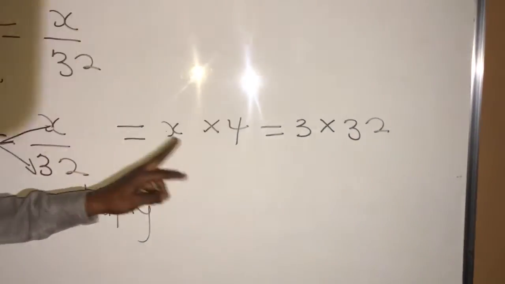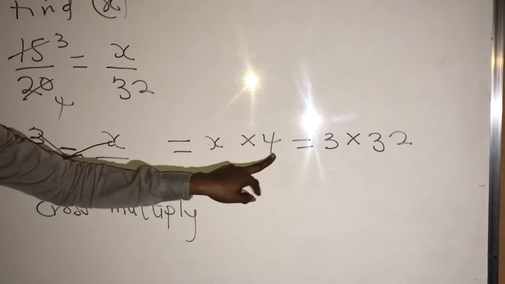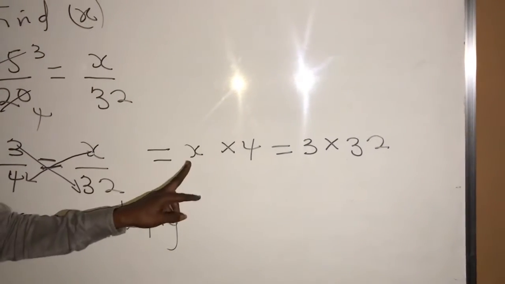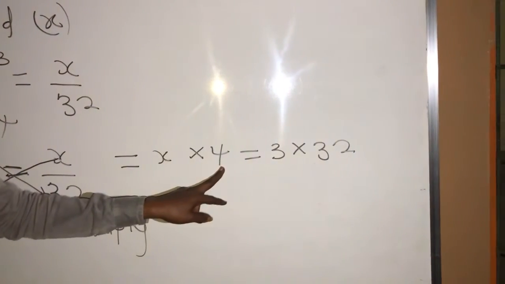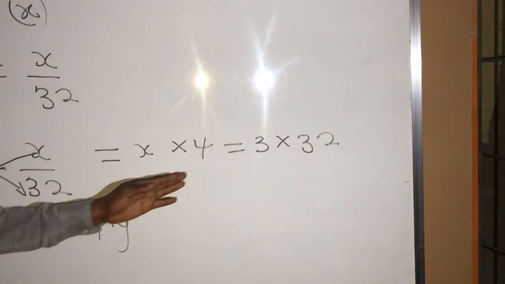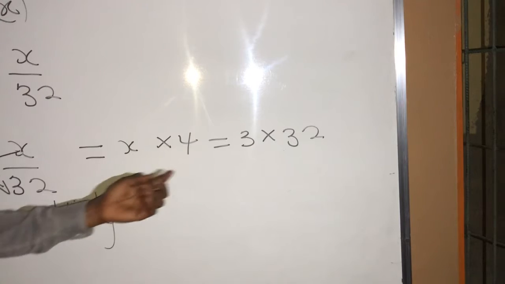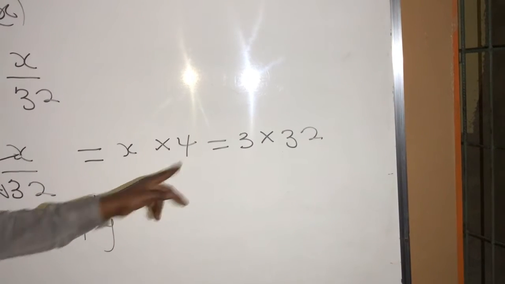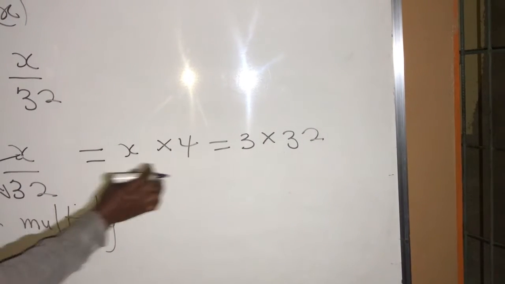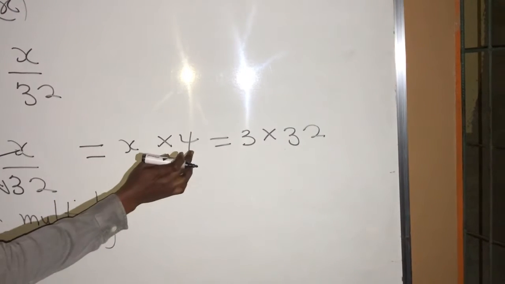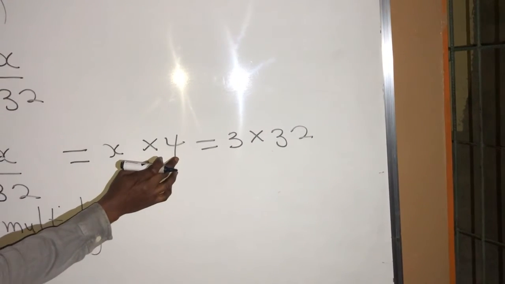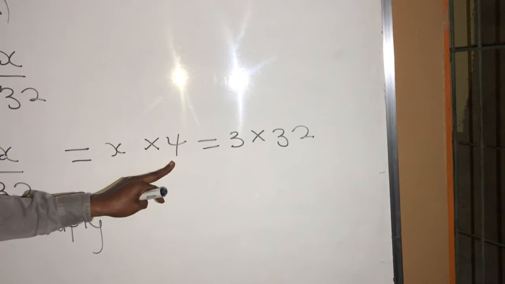Now, what am I going to do in this case? We have x and 4 beside it, so I am going to divide both sides by 4. Anytime you see numbers like this, the number close to x is what we use to divide both sides.